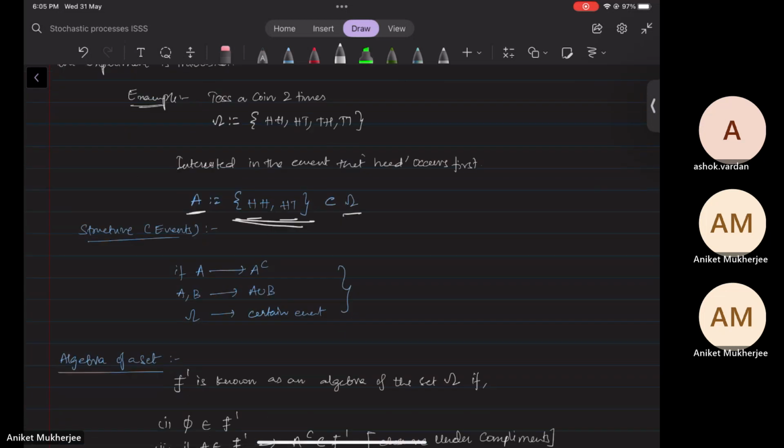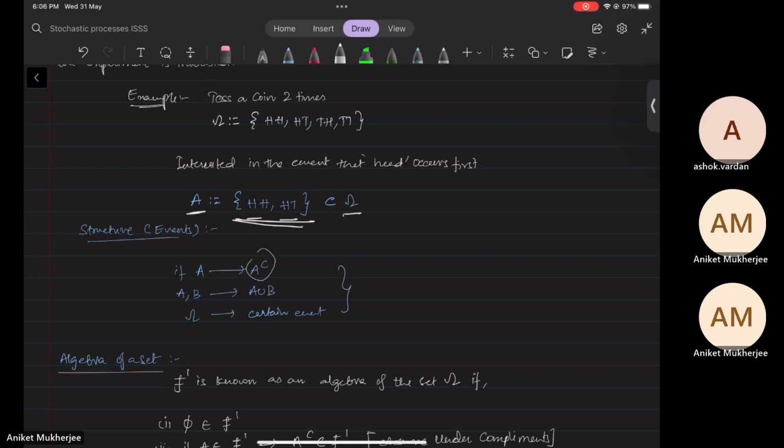Now, the space of events is actually a set of sets, but you don't call it a set of sets, you call it a collection of sets. The collection of sets needs to have a proper structure before you can define probability on it. If you're interested in event A, that means you want to know the probability of A, or the expectation, or some measure on A. Then you also need to know the probability of A complement.